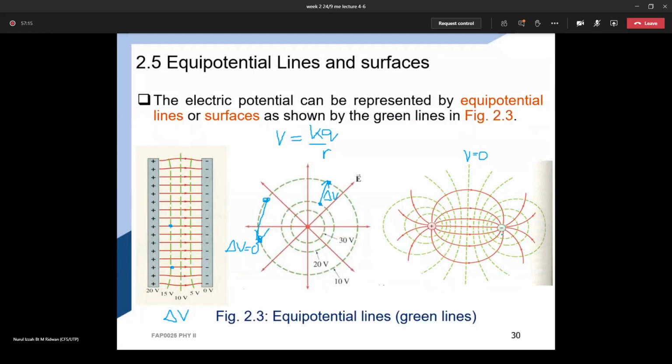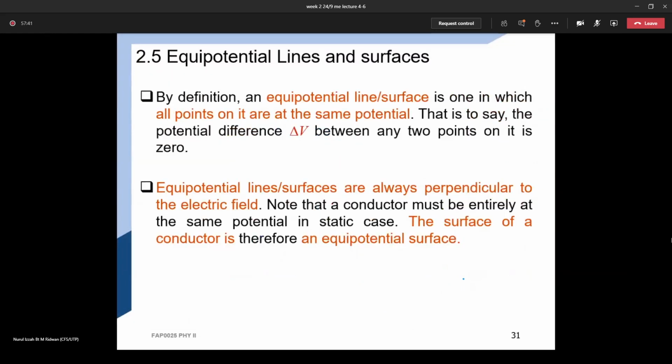But if they come with different magnitudes, then you will still have some value of the potential, and the potential will be the same on all lines. That should be the equipotential lines and surfaces. You don't really need to calculate for this one. It's just to let you know where the lines having the same voltage at all points are.